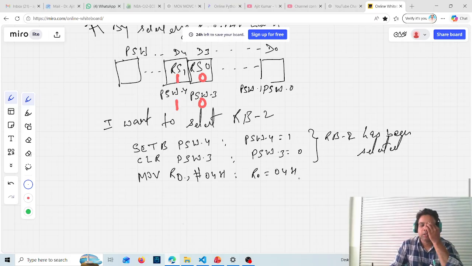Now, this is register bank 0, this is register bank 1, and then we have register banks 2 and 3 also.